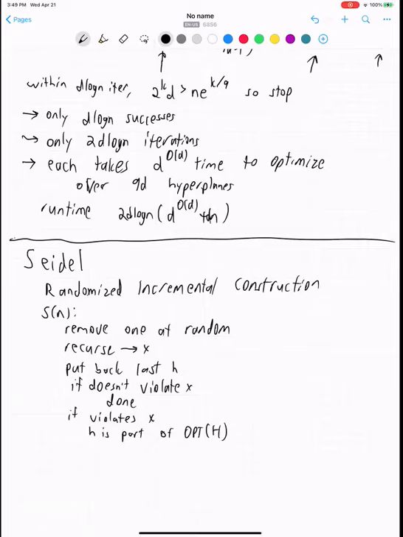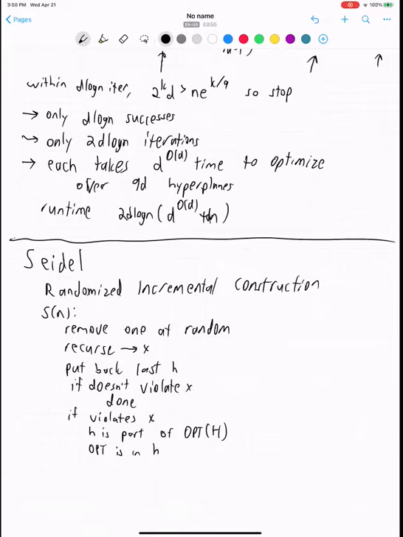So we know that H is part of the optimum set. We have just found one of the D optimum hyperplanes. That tells us that opt is in H, is in this hyperplane.